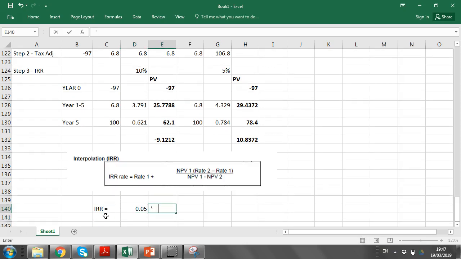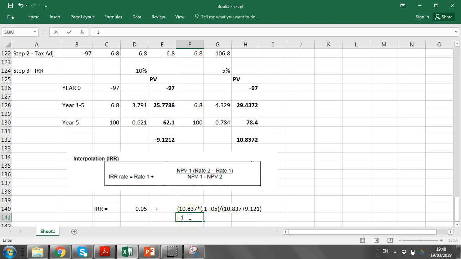And then you're going to add to that, plus, just watch your formula here, NPV1, which is 10.837, times the difference in rates, 0.1 minus 0.05, divided by, just be careful here, 10.837, and a minus becomes a plus 9.121. So that's where students usually get caught out, is they don't do the minus.